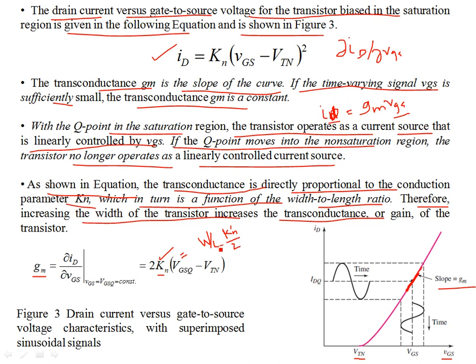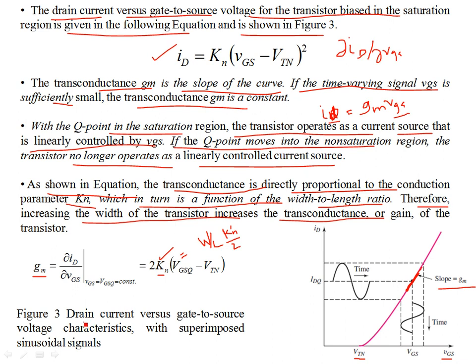So Kn depends on the geometry of the MOSFET, the mobility of the charge carriers, and the oxide capacitance. The transconductance gain is dependent on these parameters.